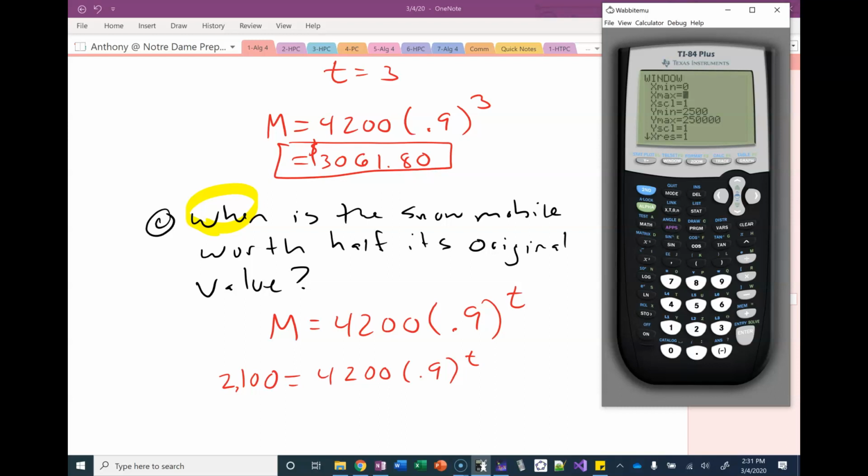Not really, right? In this question, we weren't given like for the next so many years it does this. So we're going to have to take a guess here. What's a decent guess?